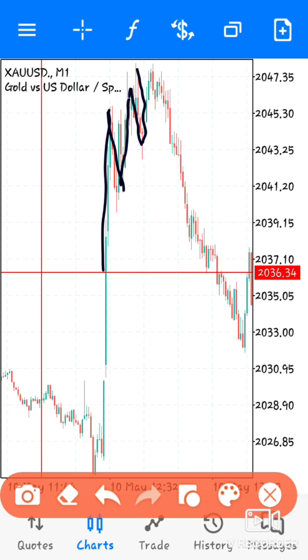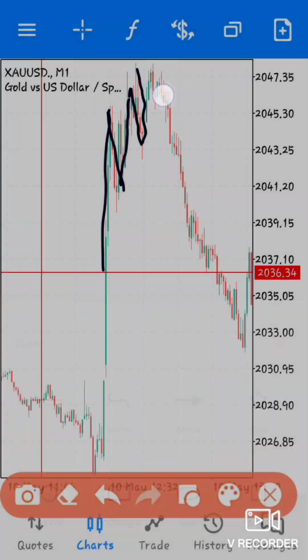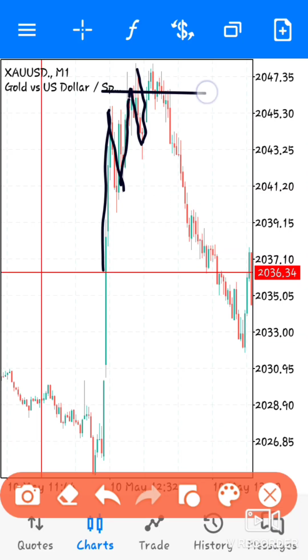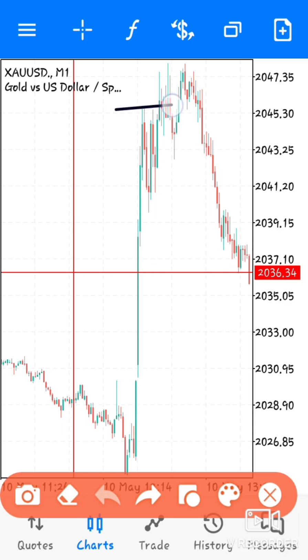Once that happened, you will now be set for entry, but first of all you want to wait for a confirmation before you go for a sell. Look out for this.